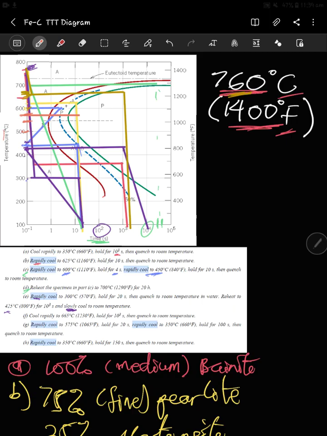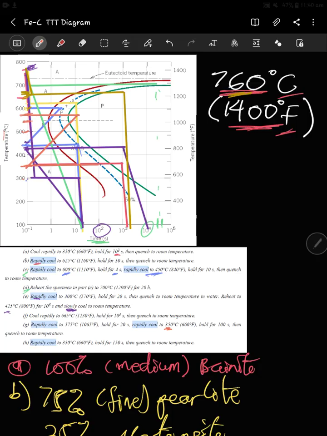And then we rapidly cool to 350, because we've held. 350 is about here, 300, 350 is about here. So we are here. Now we hold for 100 seconds. Where's 100? 10 to the power 2 is 100, right? So that's where we go.